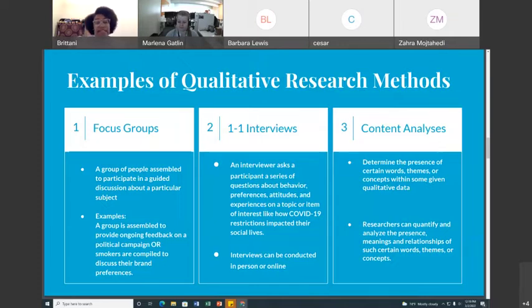So, for instance, in my colleague's case, we were looking at the prevalence of the words equity, diversity, and inclusion in some conference proceedings and how those increased, decreased, or weren't present based on two conferences that we had both attended. So hopefully that gives a little bit of concreteness to the qualitative research method approach.